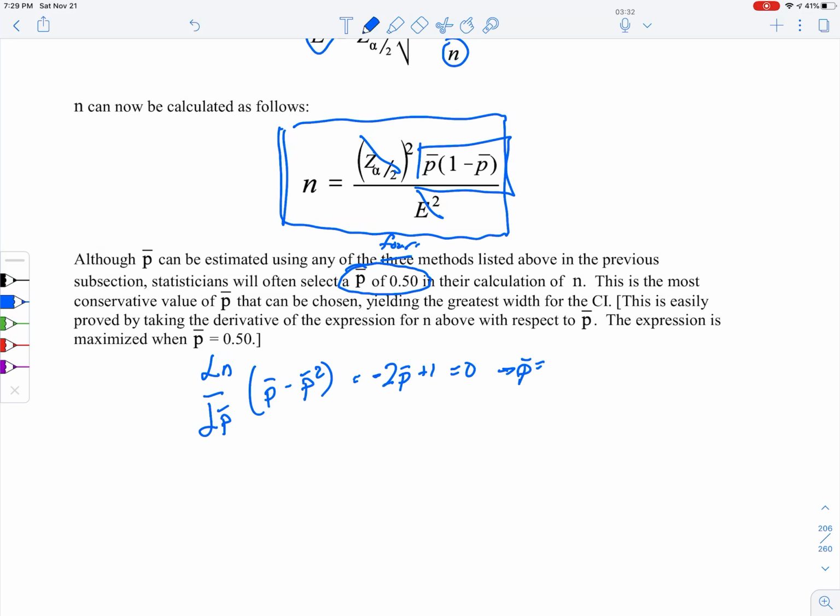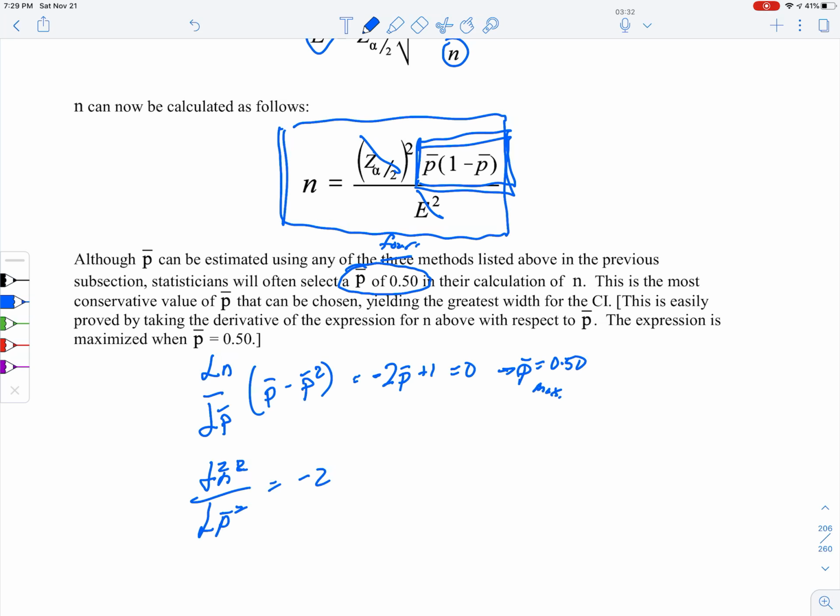If we set the first derivative equal to 0, that will give us a p bar equal to 0.5. We know that this is a maximum because the second derivative is negative, and so we know that that's a maximum possible value there.